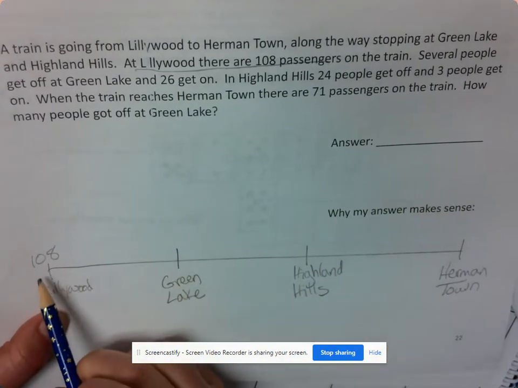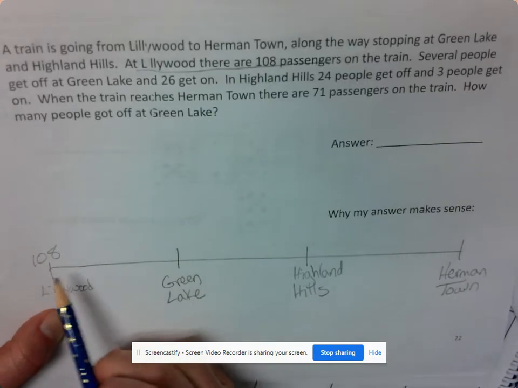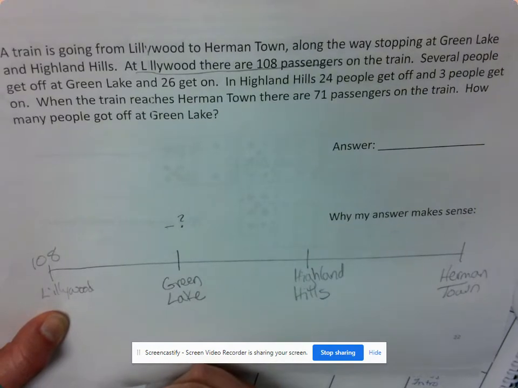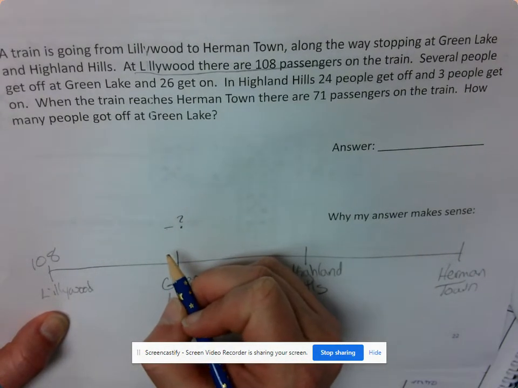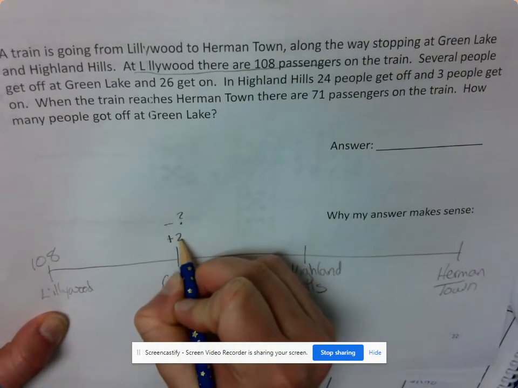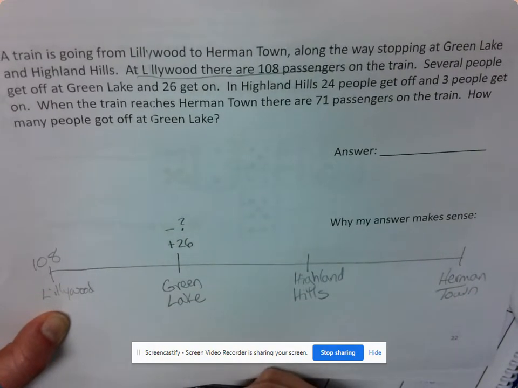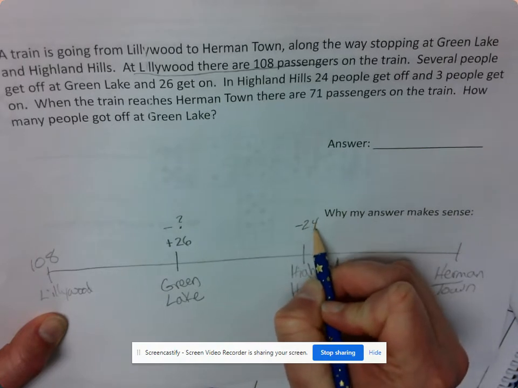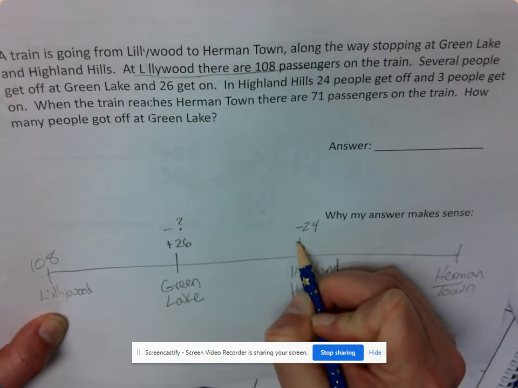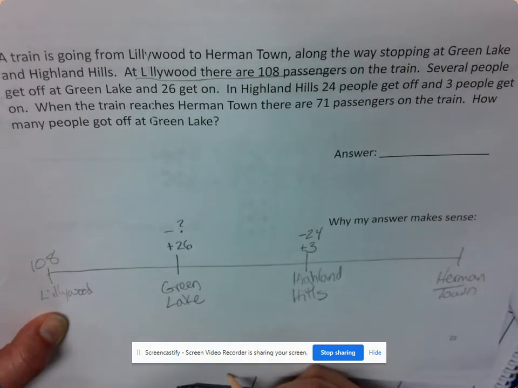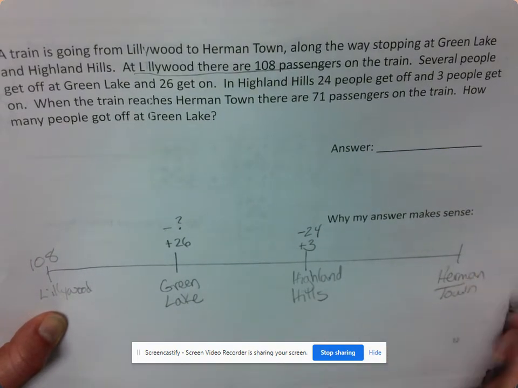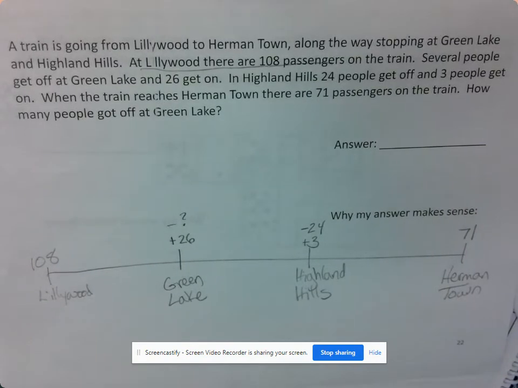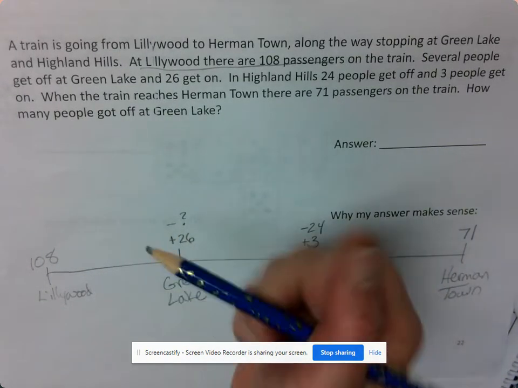Several get off at Green Lake, so we don't know how many to subtract, but we know that we're going to add 26. At Highland Hills, we subtract 24 people and 3 people get on. And when the train reaches Hermantown, there are 71 people. So how many people got off at Green Lake?